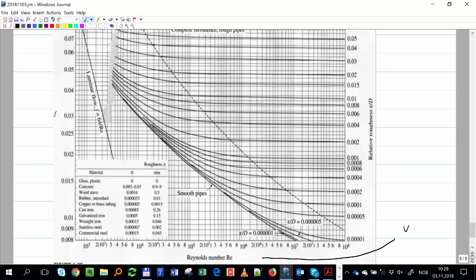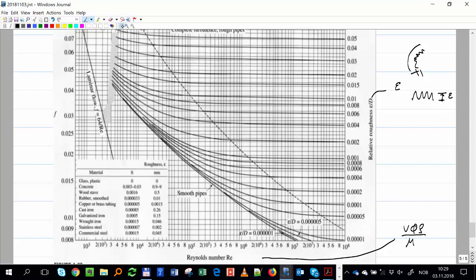That's velocity, diameter, density divided by viscosity. And we have here the relative roughness, which is, if you look at the wall very close, the distance of the valleys is that distance. That will be E divided by the diameter.